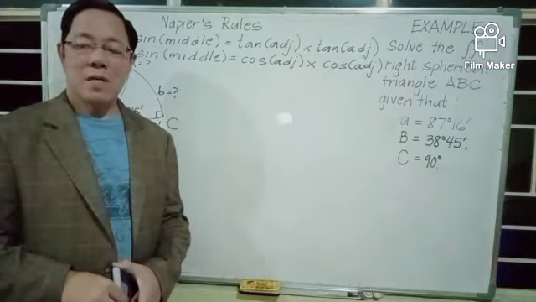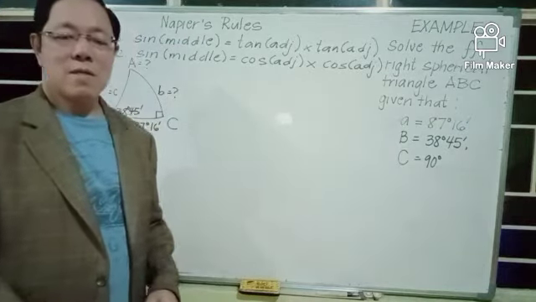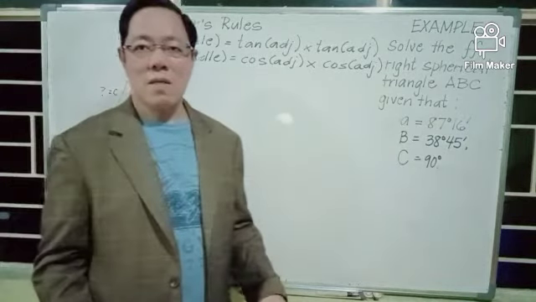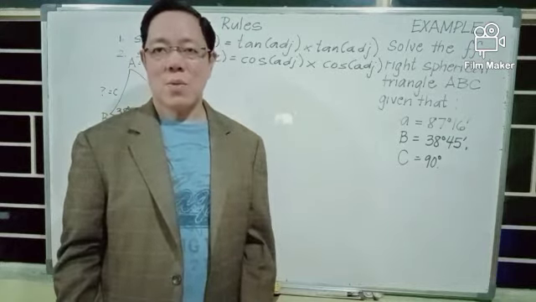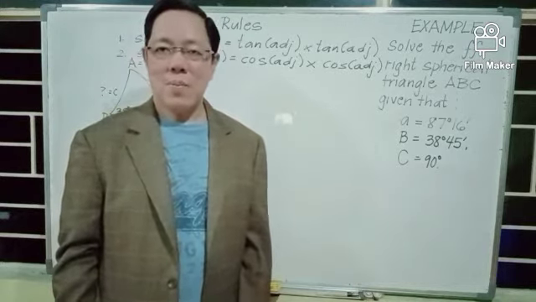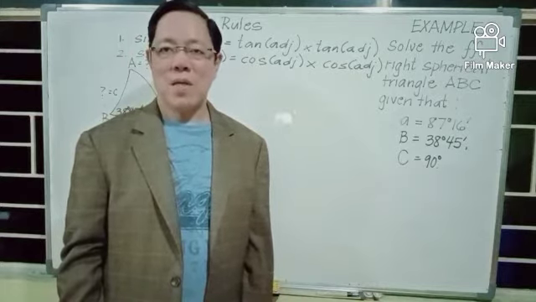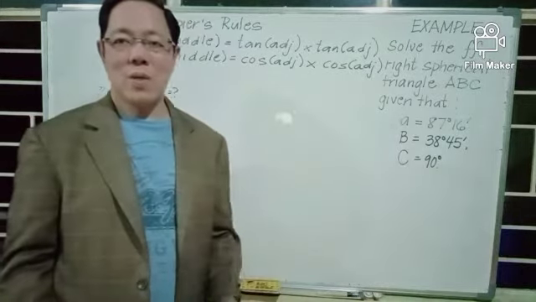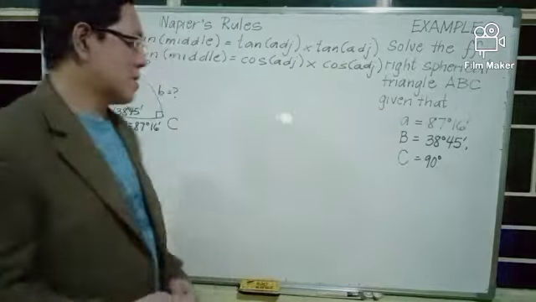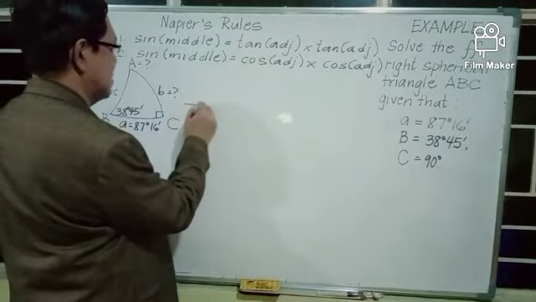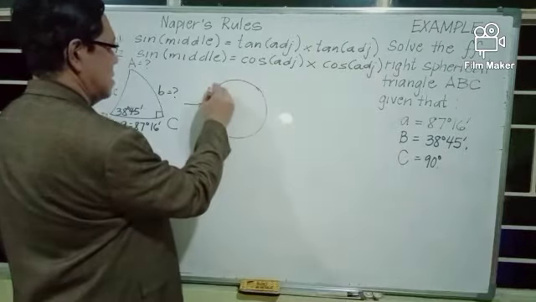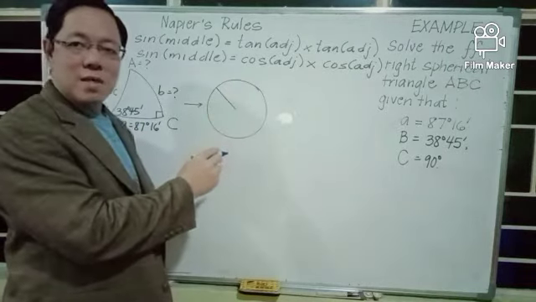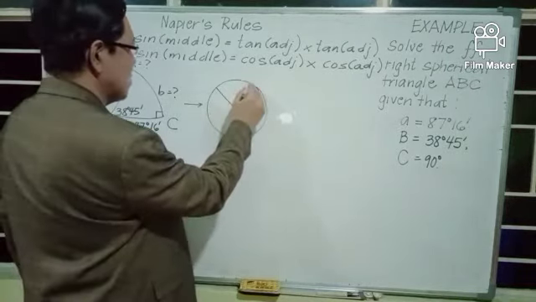In a right triangle, we said before that since one of the angles is fixed at the right angle, only 5 parts will vary. And we write these 5 parts in a circle, and we call them the 5 circular parts. We draw a circle, we divide it into 5 equal parts.